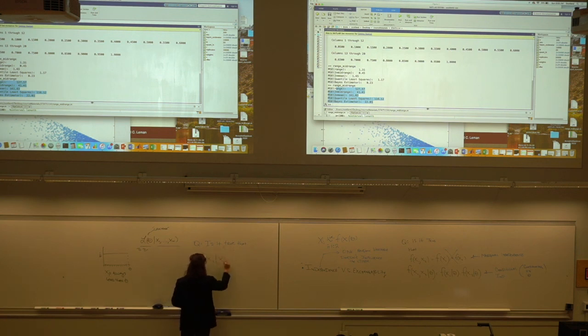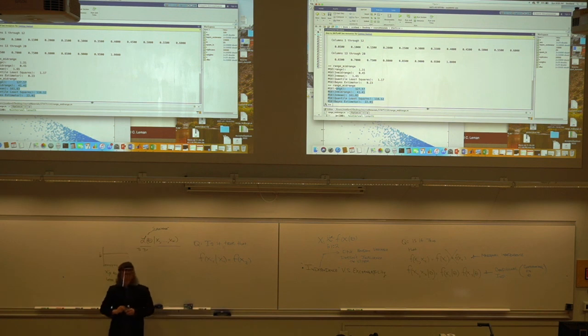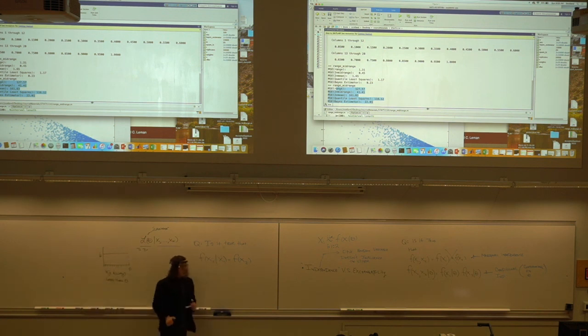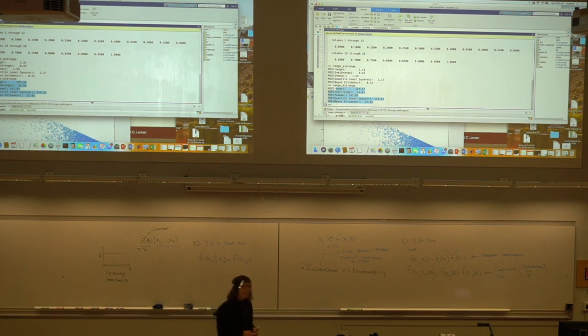X2 given X1 is equal to X2. When I write it down this way, if this was true, I'd be inclined to think you don't learn about X2 through X1. X1 doesn't tell you anything about X2. Is that statement true?